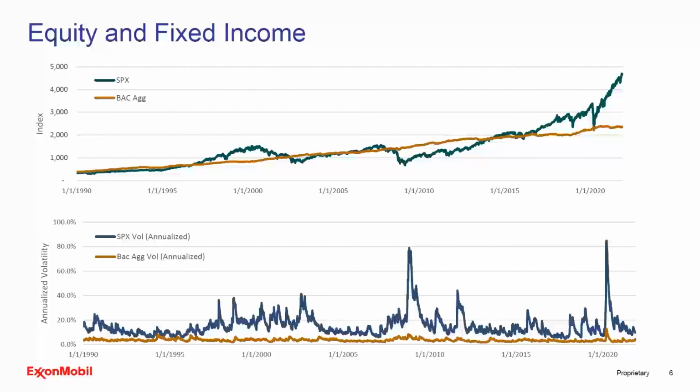Eyeballing these two curves, you can easily find a positive drift over time; over the last 30 years, they give you positive returns. Even though you can observe some significant drawdowns, especially for the S&P 500, notably the financial crisis in 2008, the most recent pandemic, and 2001.